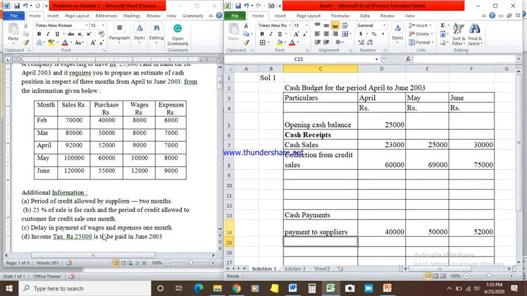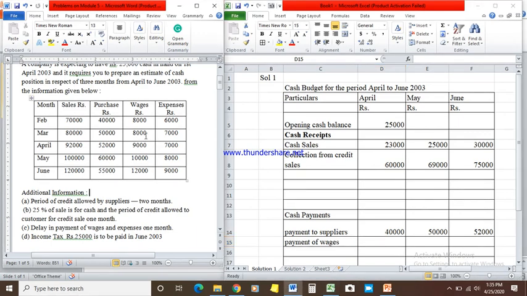Now the third point, delay in payment of wages and expenses by 1 month. Let's look into wages. Since the payment of wages is delayed by 1 month, February payment is made in the month of March, and March payment is made in the month of April.